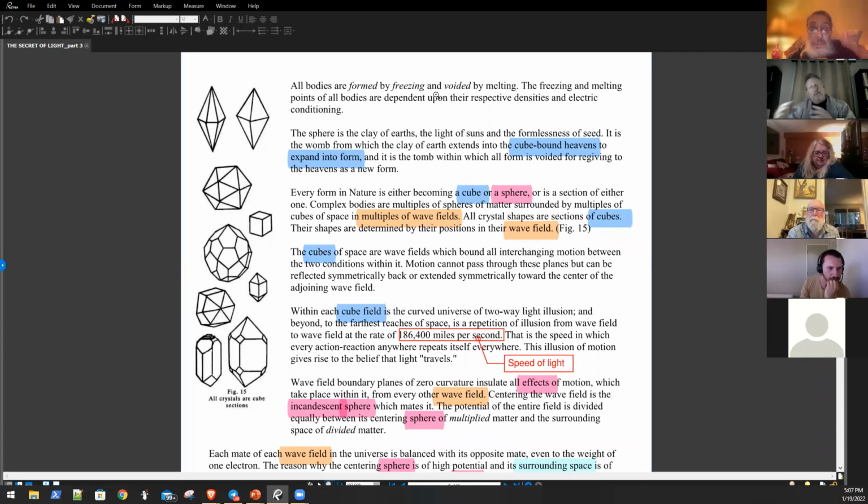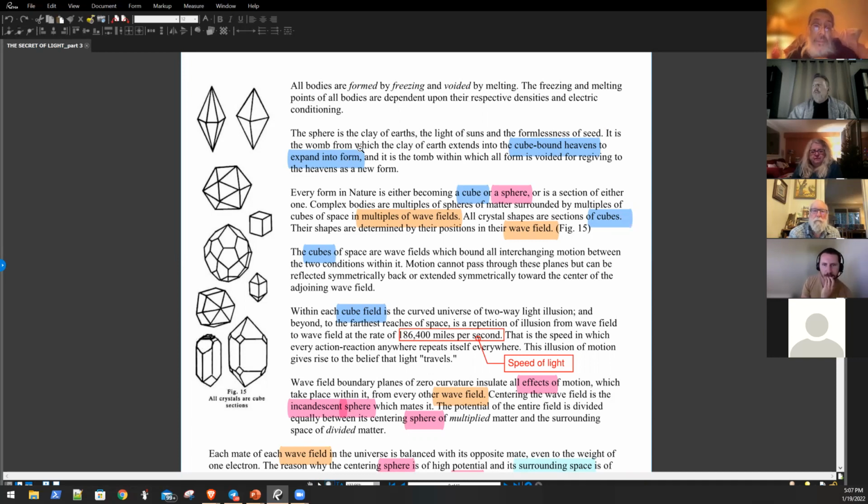and they begin to radiate back into source. So they're going out and freezing, coming back in. The freezing and melting points of all bodies are dependent upon the respective densities and electric conditioning. The sphere is the clays of the earths, the light of suns, and the formlessness of seed.